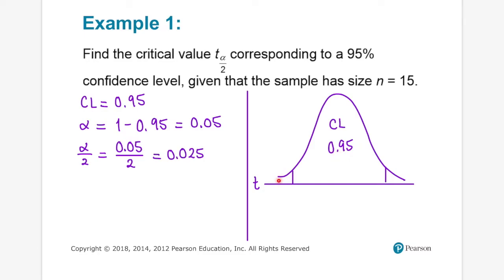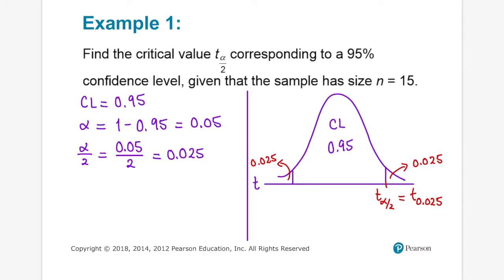So this small area plus this small area is 5%, which is 0.05. So each one of these is 2.5%, which is 0.025. And this is t of alpha over 2, which is t of 0.025.